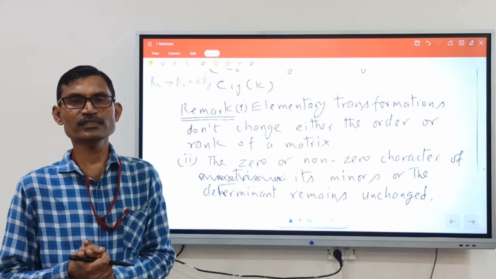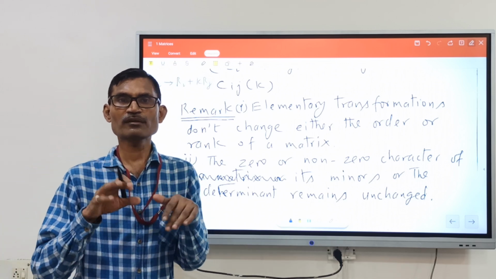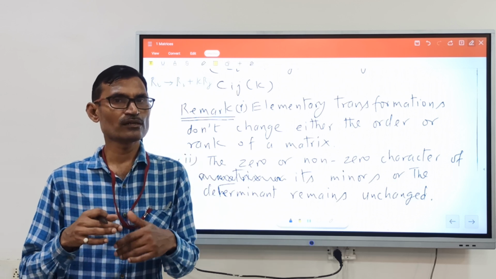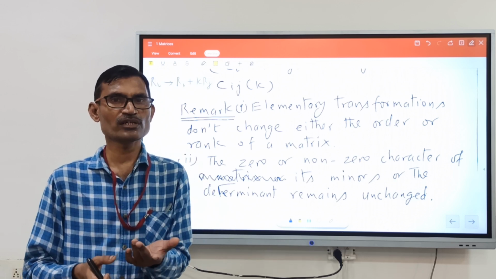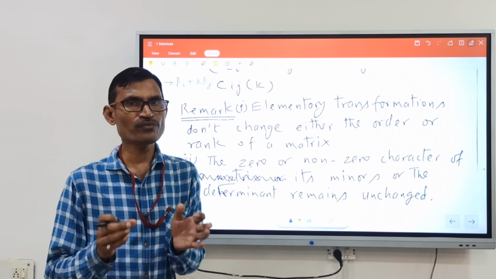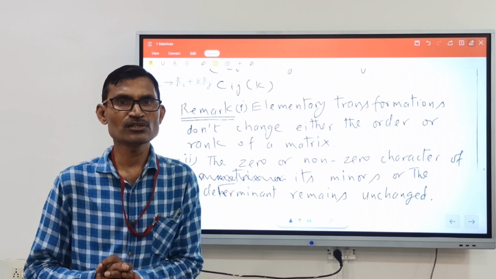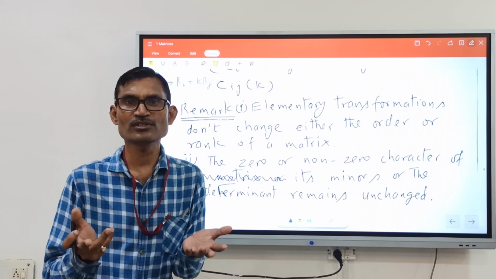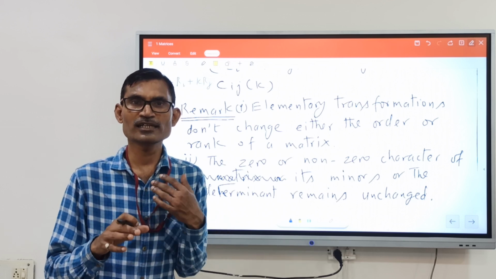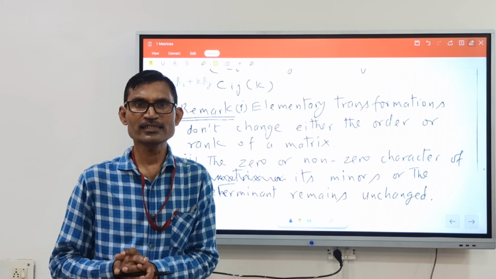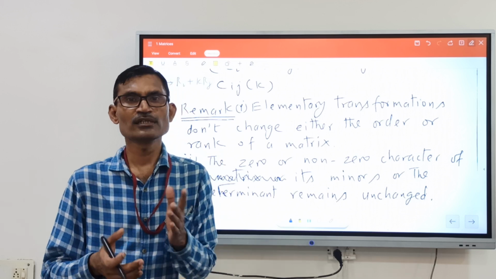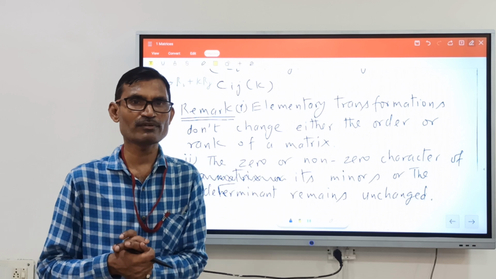You can perform a number of elementary transformation operations on the given matrix, but in no way will it change the order of the matrix. It means it will not change the number of rows or columns, or similarly the rank of the matrix. What the rank of the given matrix is, we will discuss in the coming lectures.